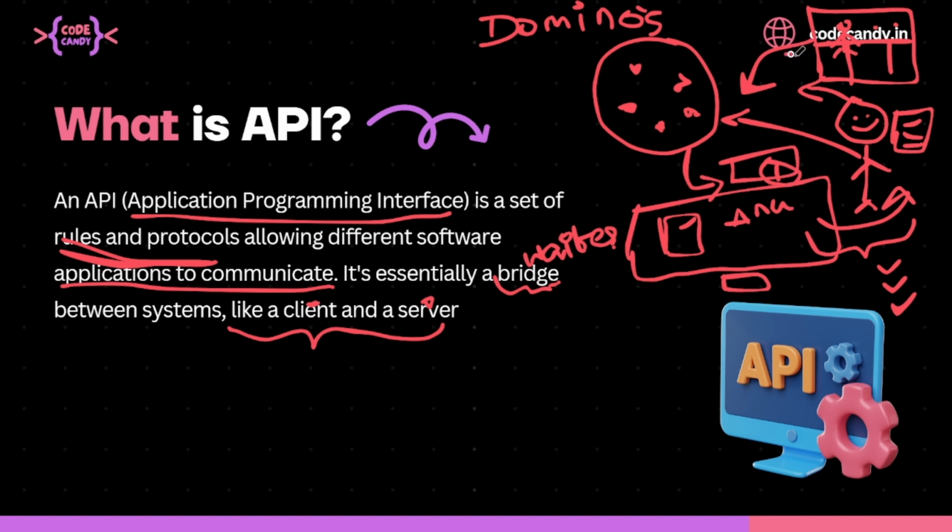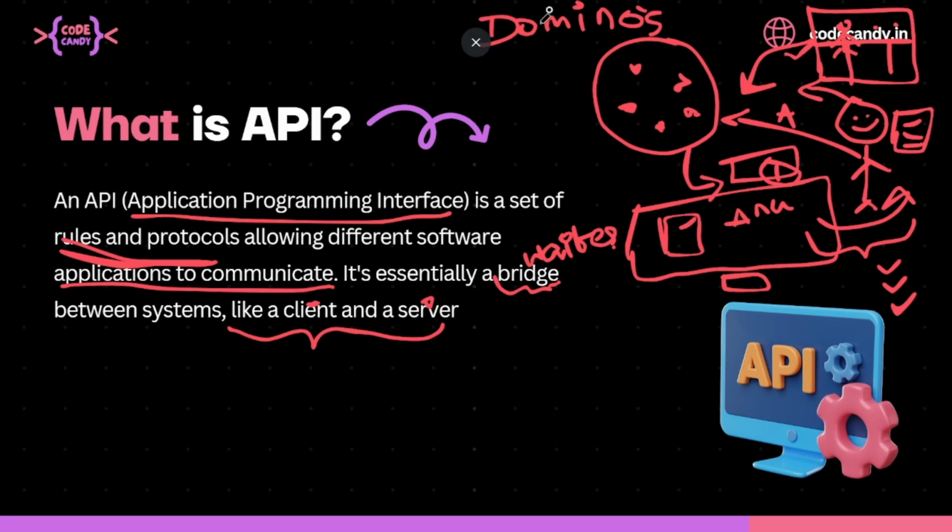He will go to the server and the server will process all these rules and protocols. It will give some response and this way this API will take that response and give it to the client. This is called application programming interface.